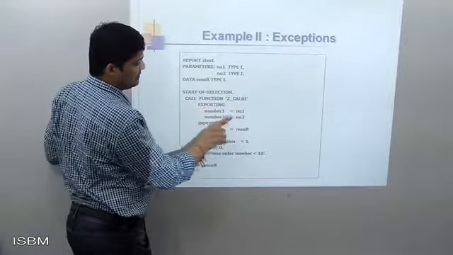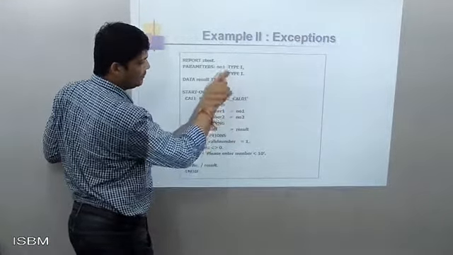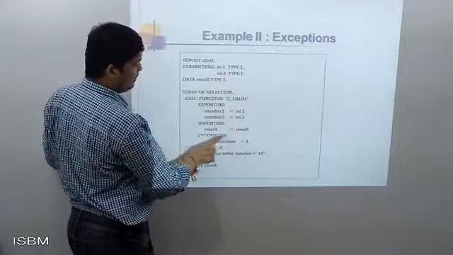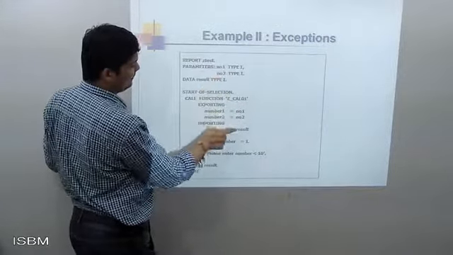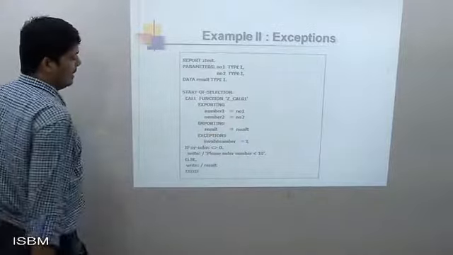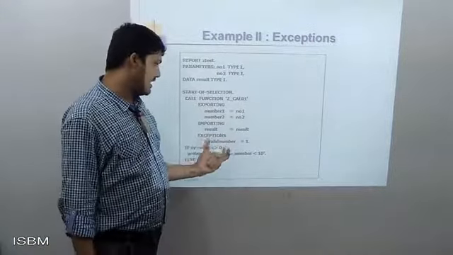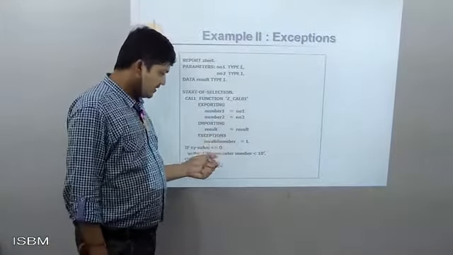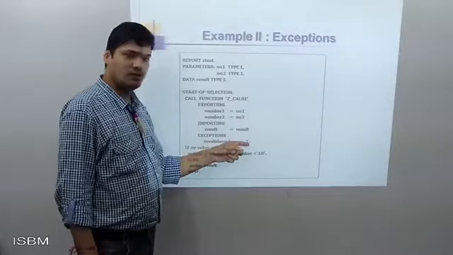In the exporting parameter, number 1 and number 2 come directly. Importing I have put in the result. Then exceptions I have written over here, which is invalid number equal to 1.